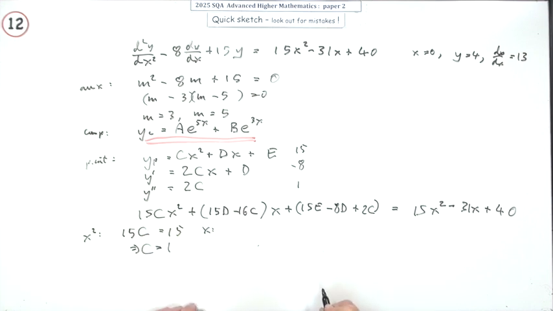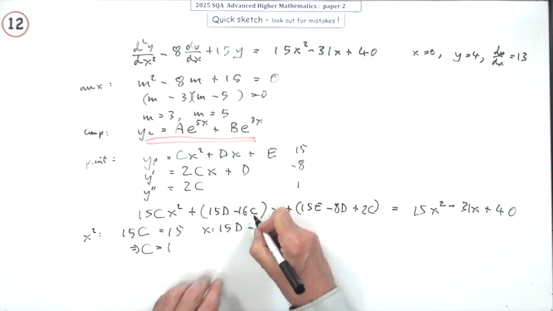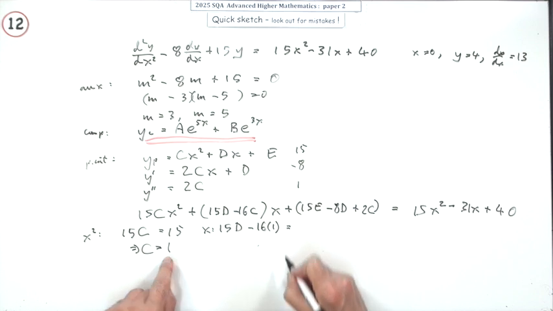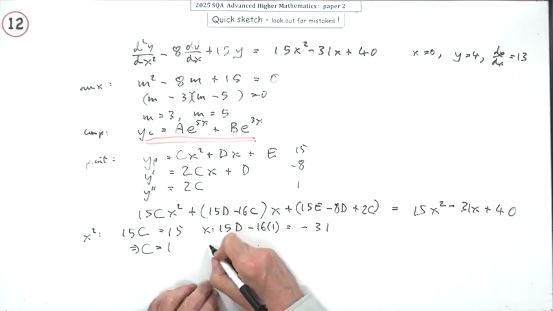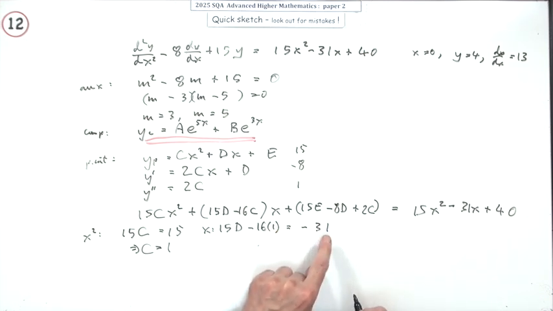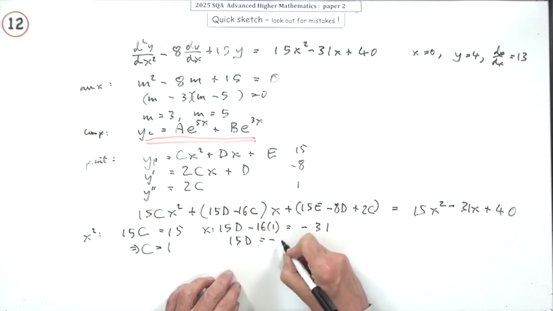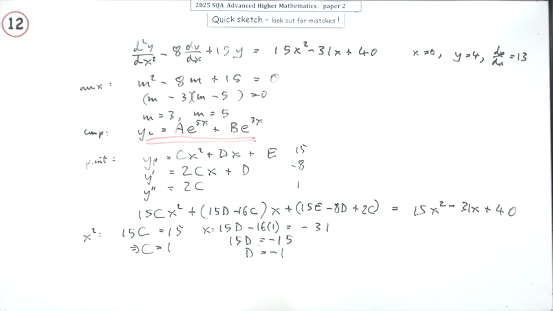Now what about the x term? x term, 15d minus 16c, but I know what c is. c is 1. Let's put it there. And it should come to minus 31. So taking that across, that will give you a 15, that makes it a minus 15. So that means you've got 15d is minus 15, so d is negative 1.